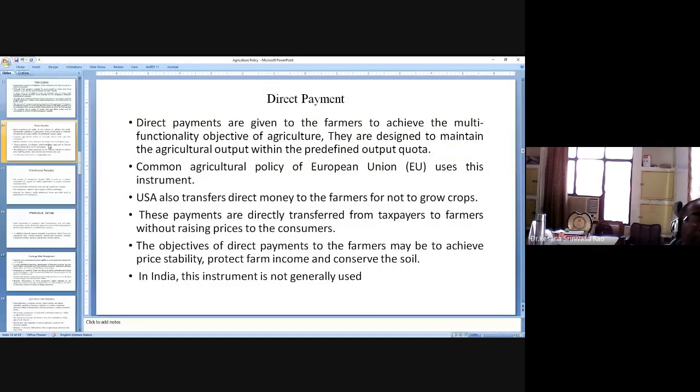Agricultural product prices have to be stable, the farm income has to be protected, and the soil has to be conserved, because if they use the same soil number of times, the soil fertility may be lost.